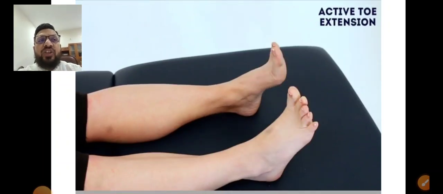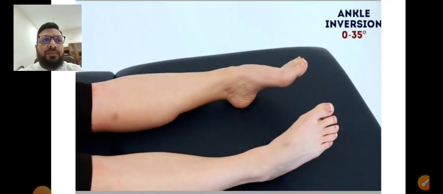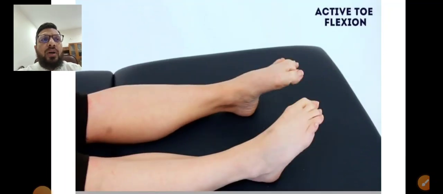Then obviously you have to ask for active toe extension and toe dorsiflexion. So toe flexion and toe extension. What will you do?